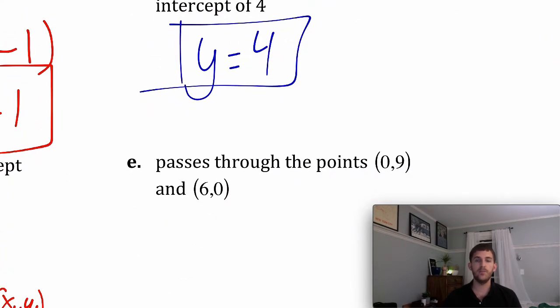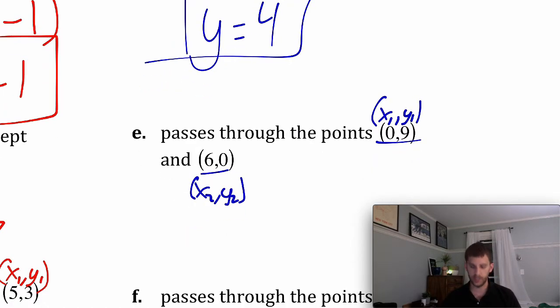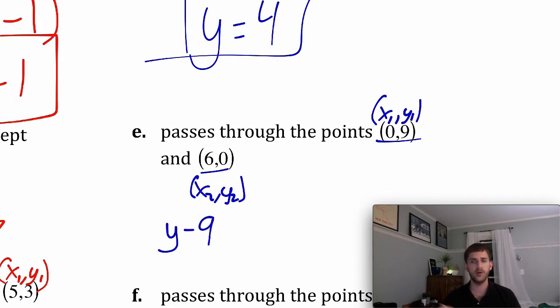Next up, we got one that passes through the points (0, 9) and (6, 0). We got 2 more points again, so we're going to use that same equation we used for letter C. We'll call this one x1, y1, and this one x2, y2. We do y minus y1, which we decided to be 9. Again, you could flip the points around; it doesn't make a huge difference.